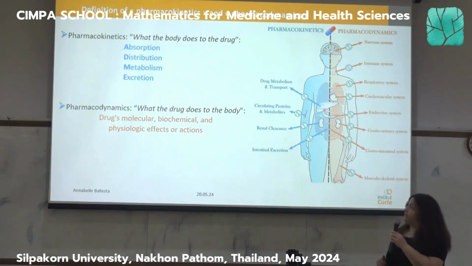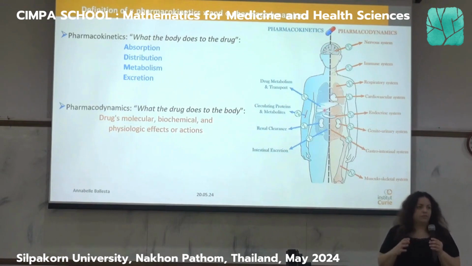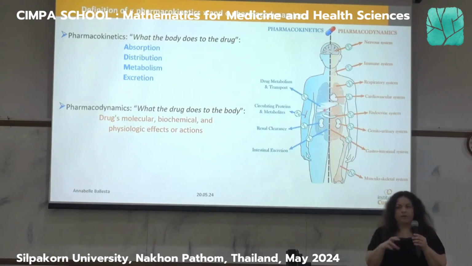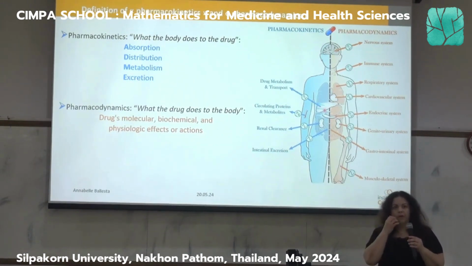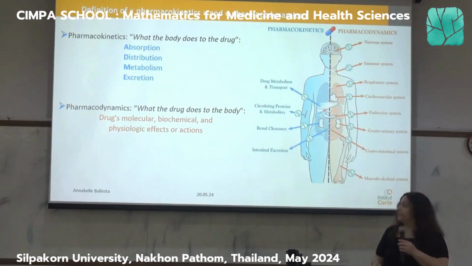And finally, the last letter is E, for excretion. The drug is going to be taken out of your body, because basically it's something that your body doesn't want at the end, something that the body wants to get rid of.